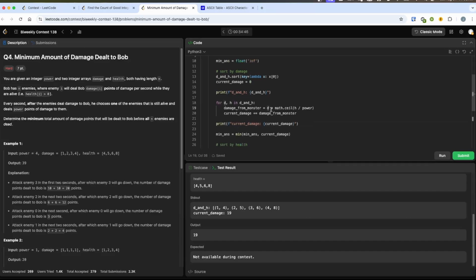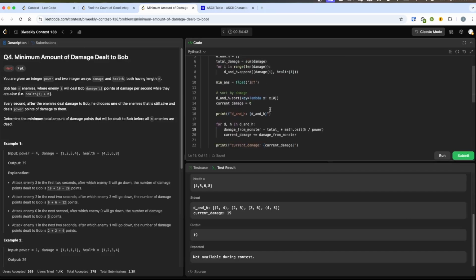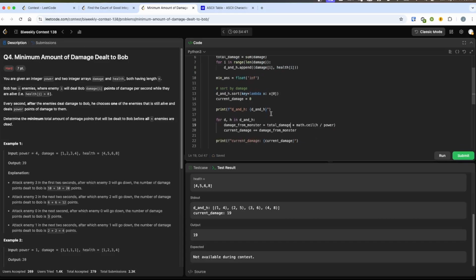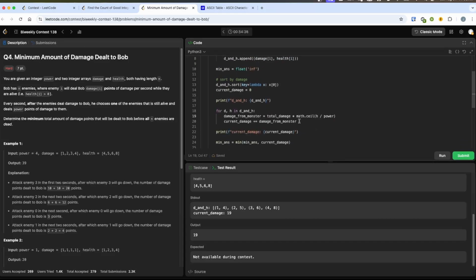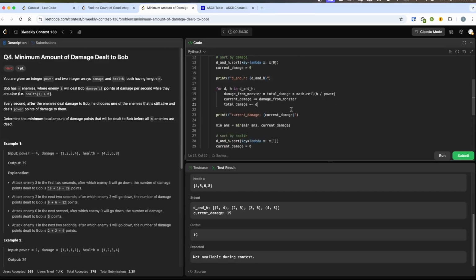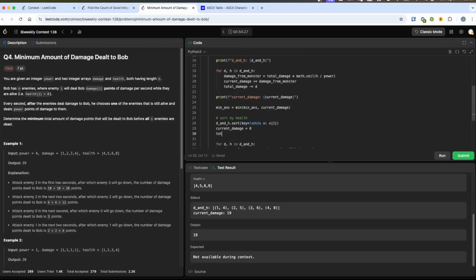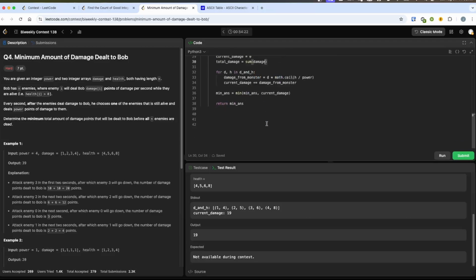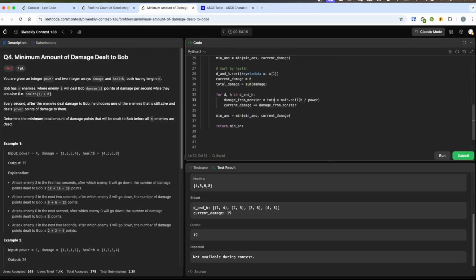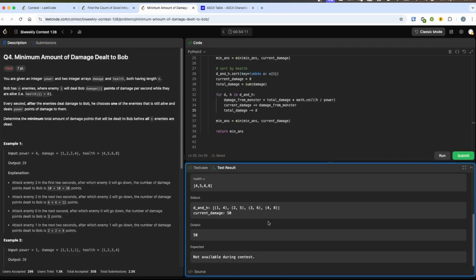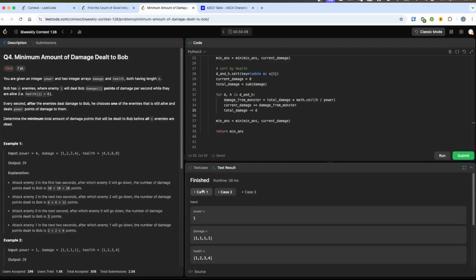Oh, no, so this is going to be total damage times that, and then we're going to do total damage minus equals D. And here again we have to do total damage equals damage, and then total damage equals 50. Okay.